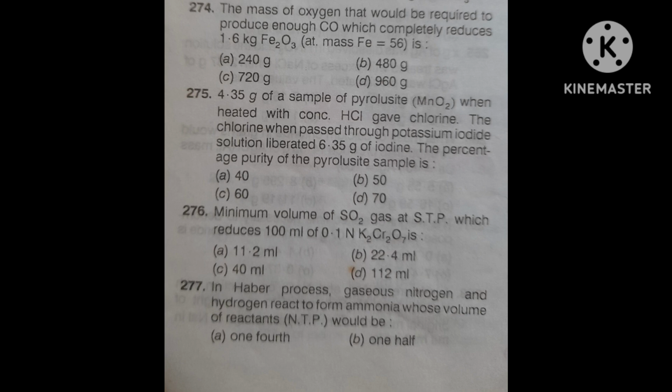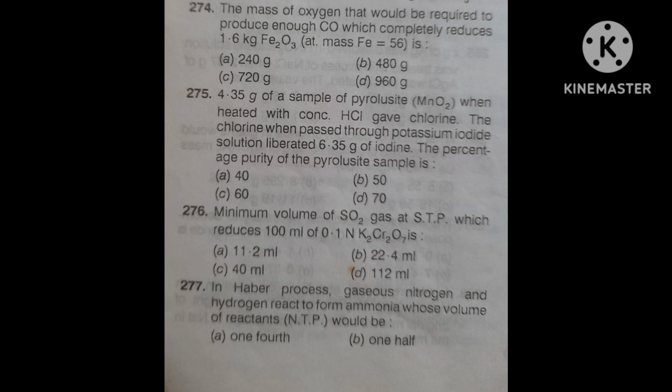Again I am reading the question one more time. The mass of oxygen that would be required to produce enough carbon monoxide which completely reduces 1.6 kg Fe2O3 is. Atomic mass of Fe is given 56. First option 240 gram, second 480 gram, third 720 gram, fourth 960 gram.